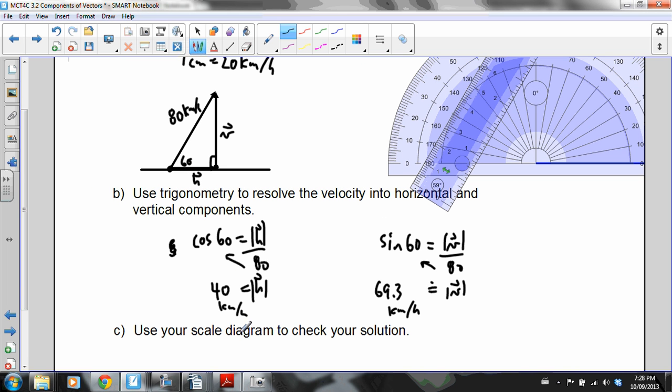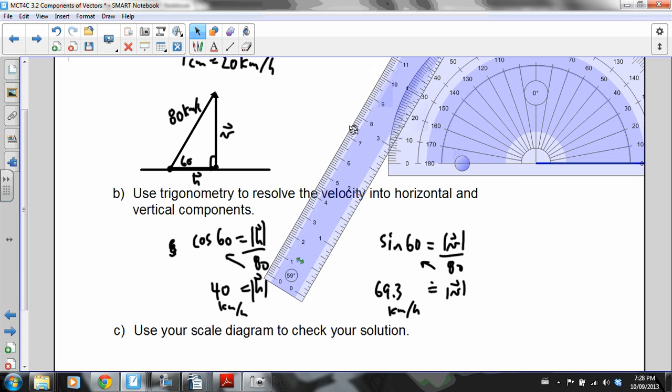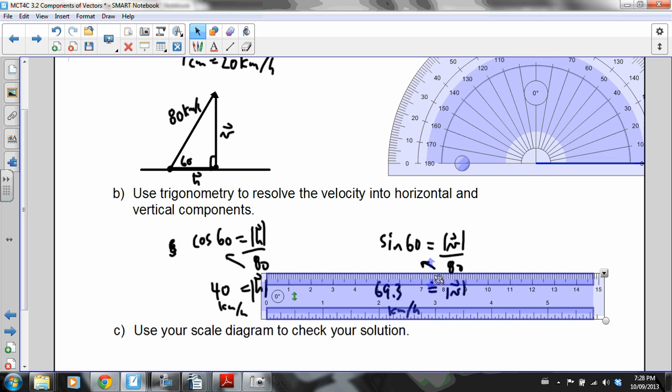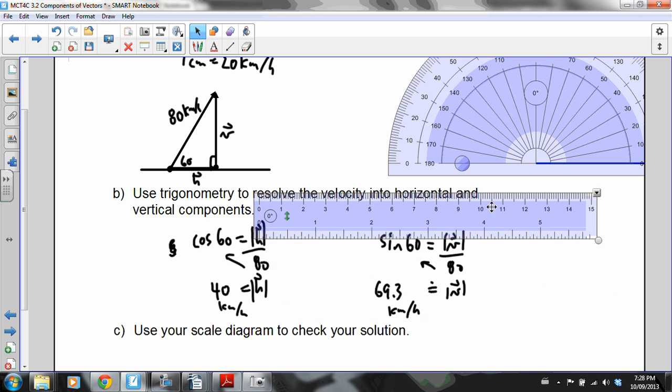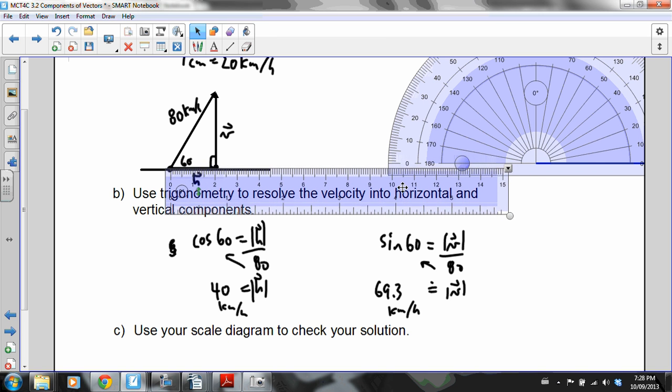This is a bit of a strange question. It says, use your scale diagram to check your solution. A nice thing about a scale diagram is, since I drew this to scale and I drew the angle right, one method of answering these vector problems is just to measure it, right? So for h, it looks like the component is about 2 centimeters long, right?